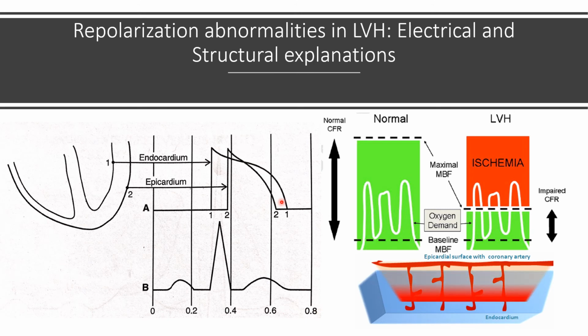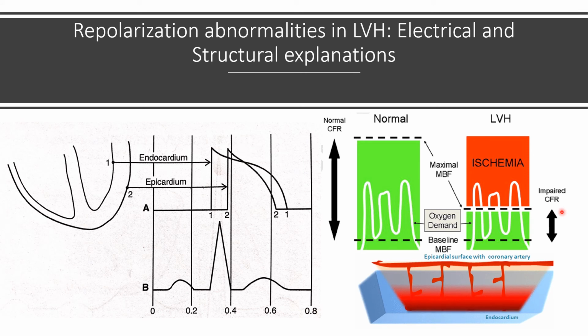When you have left ventricular hypertrophy, there is so much time that it takes for the myocardium to depolarize from the endocardial surface towards the epicardial surface that the repolarization also occurs in the same direction, from the endocardium to the epicardium, therefore causing ST and T wave changes.